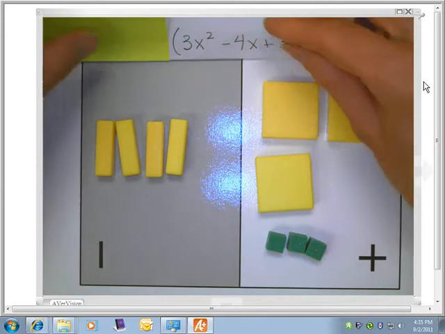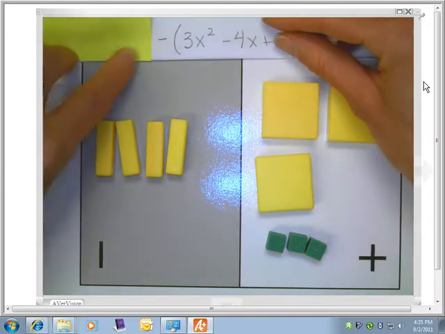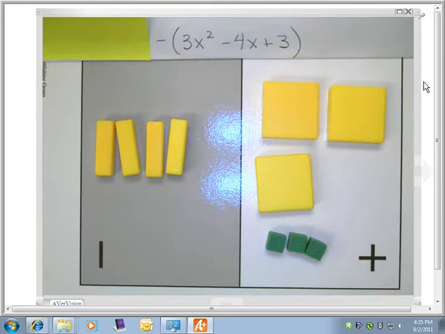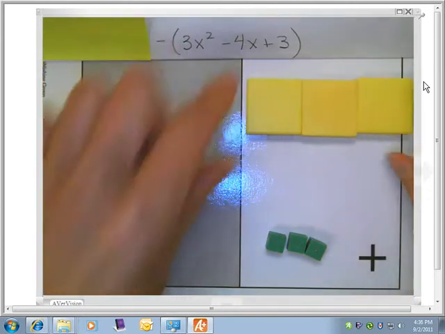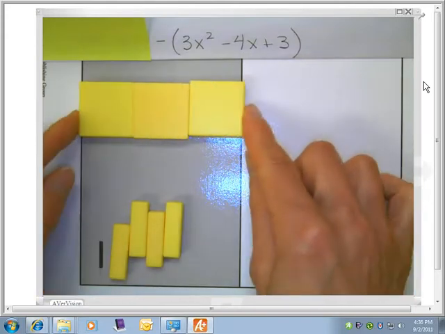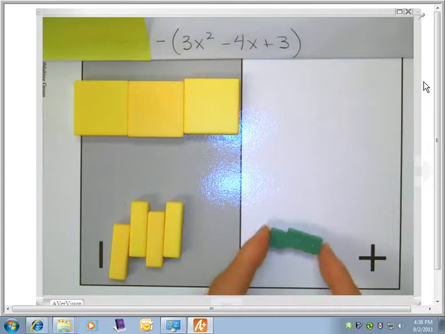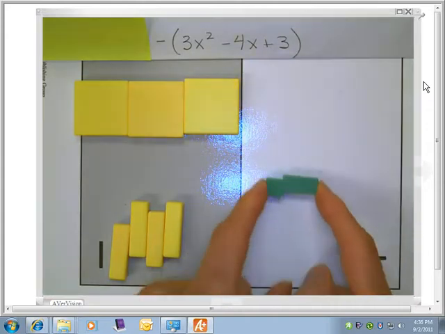So now I need to take the opposite of. Let's pay close attention to what happens here with our signs. I'm going to take these 3x squared, which were in the positive, and take the opposite of, which means they're going to go to the negatives.